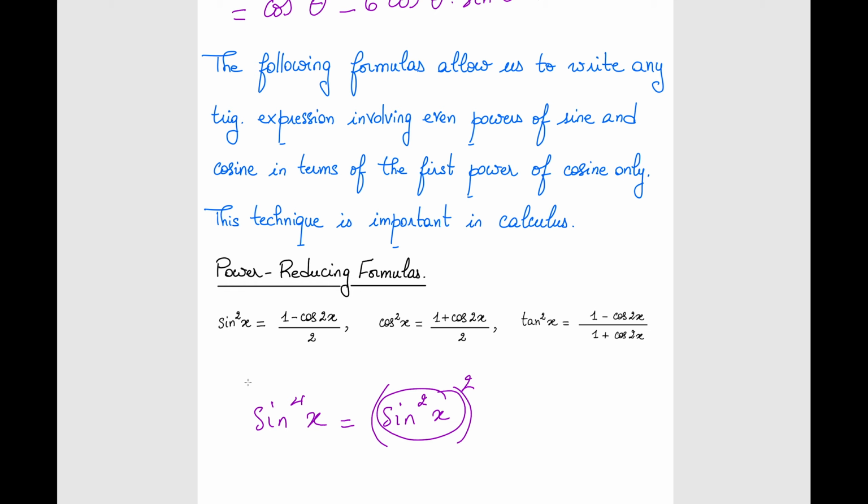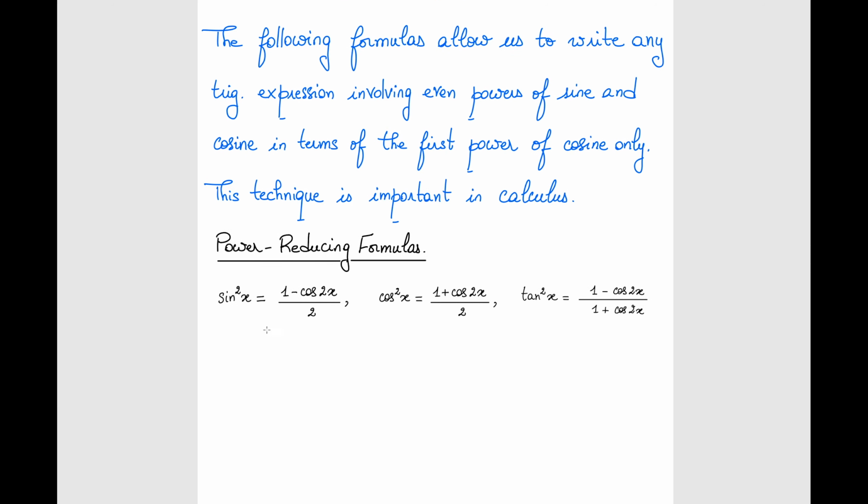All right, so where do these formulas come from? Well, if you just think about it for a second, look at the first one. This is the same as 2 sine squared of x equals 1 minus cosine of 2x. I'm talking about the first formula. If you multiply both sides by 2, you get this, right?